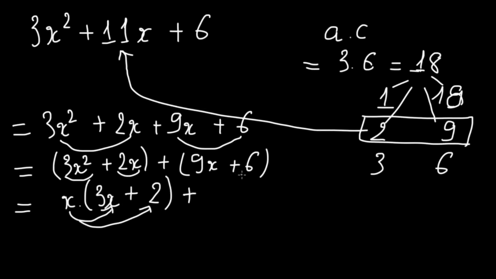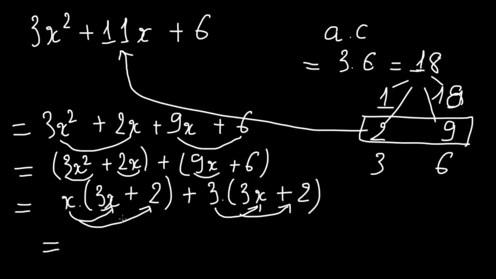Plus, you put the 3 outside, and inside the parentheses you get 3x. You see 3 times 3x, you get 9x right here, plus 2, 3 times 2, you get 6.